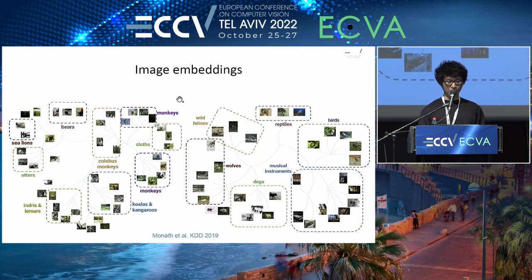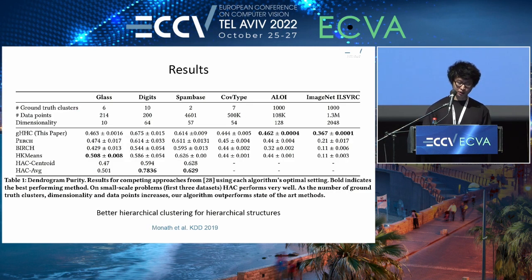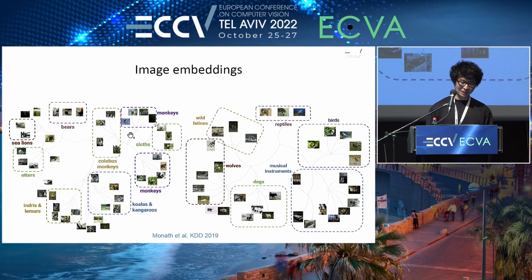And we can see some applications to image embeddings. It turns out we can get, for example, all wolves or all dogs or all instruments into this tree, and naturally similar images are clustered together.